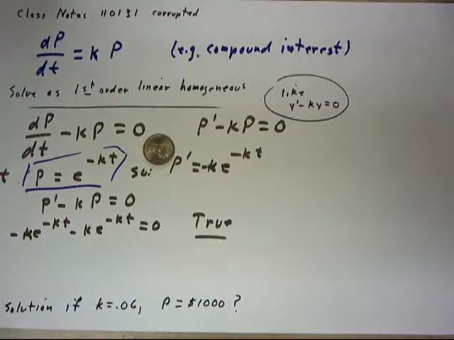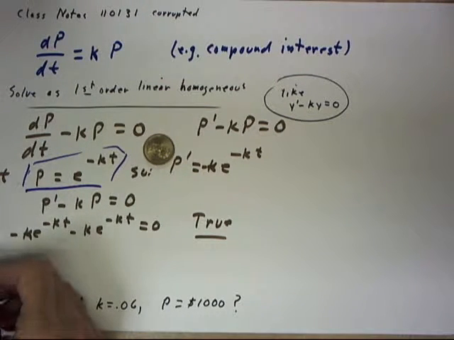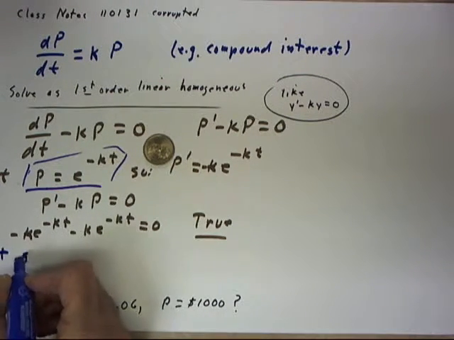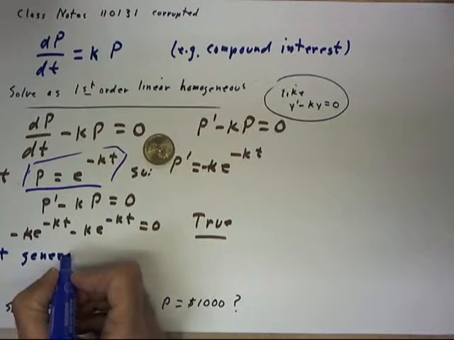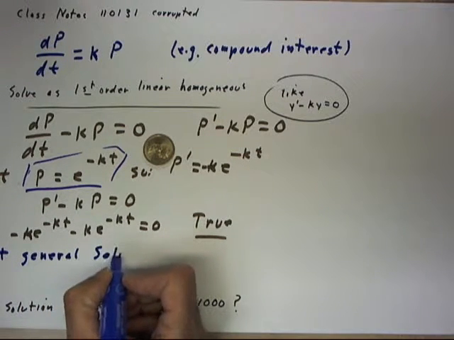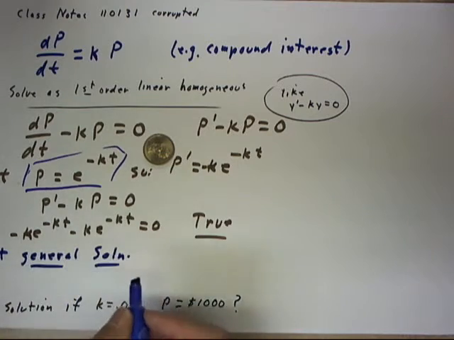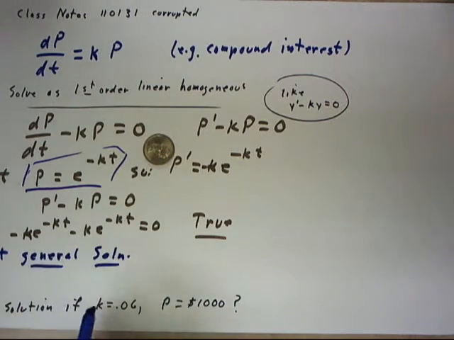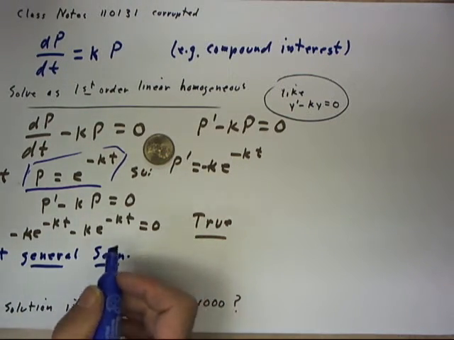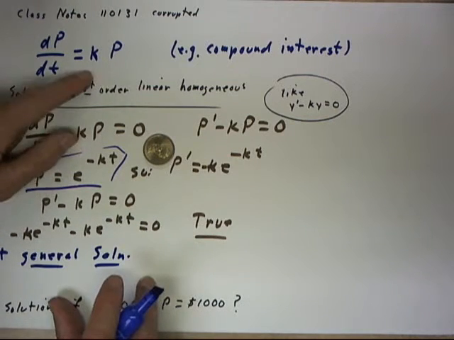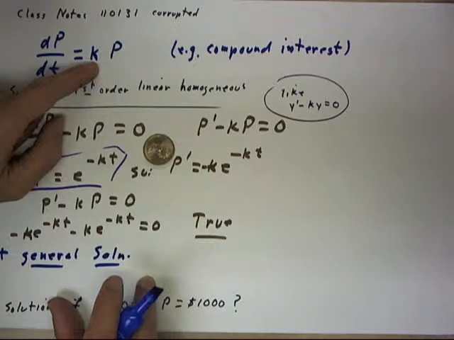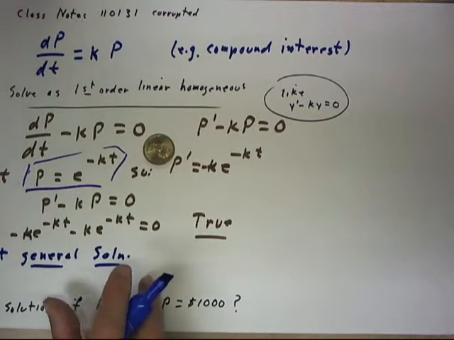Now this is not the general solution. It's not our general solution because we don't have an arbitrary constant in there. k is not an arbitrary constant. k is a specific value that's dictated by this equation.